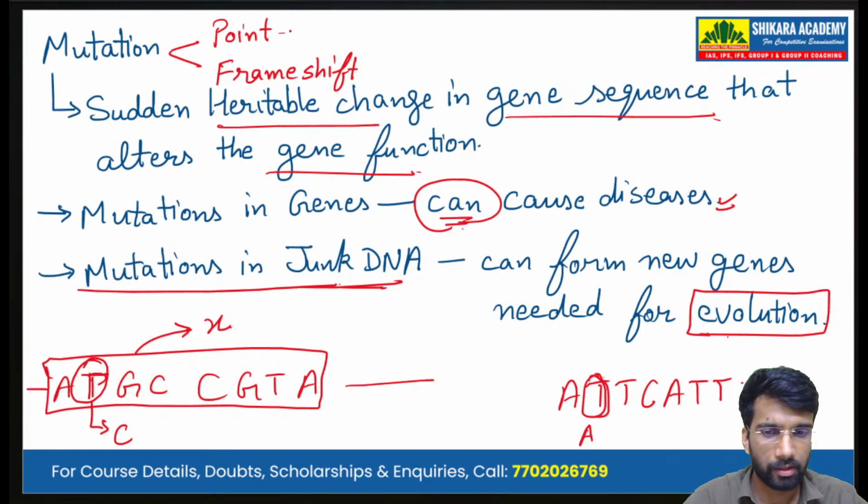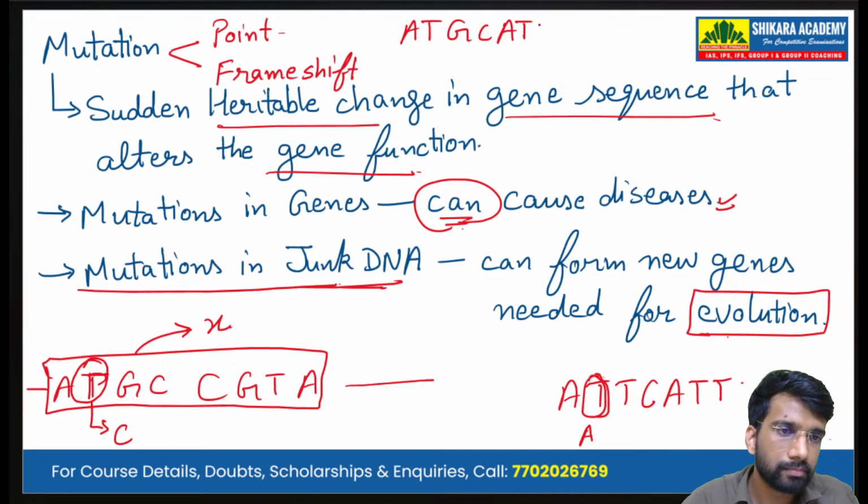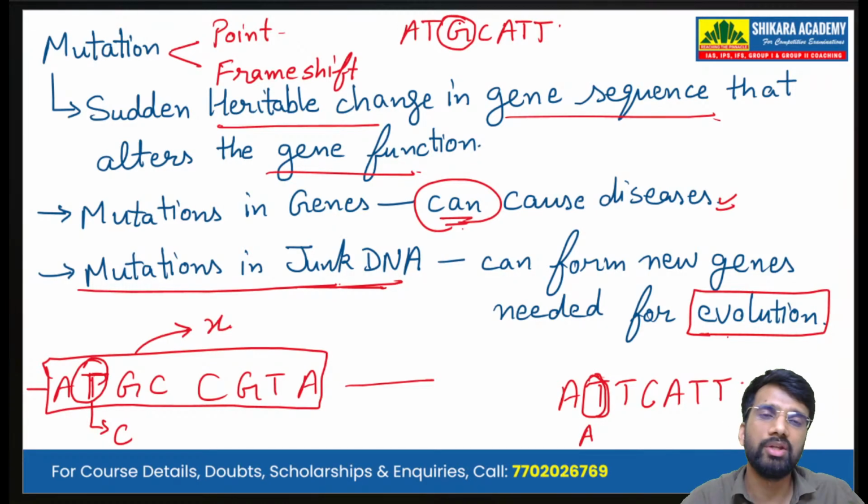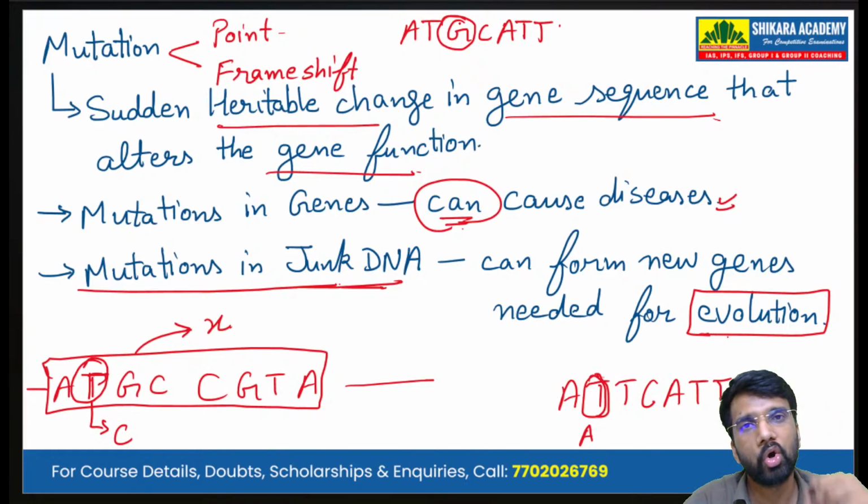Okay. Now, if a single nucleotide is changing, either it is getting replaced or it is getting deleted, we can say that the mutation has occurred at only a single point. We call it a point mutation.